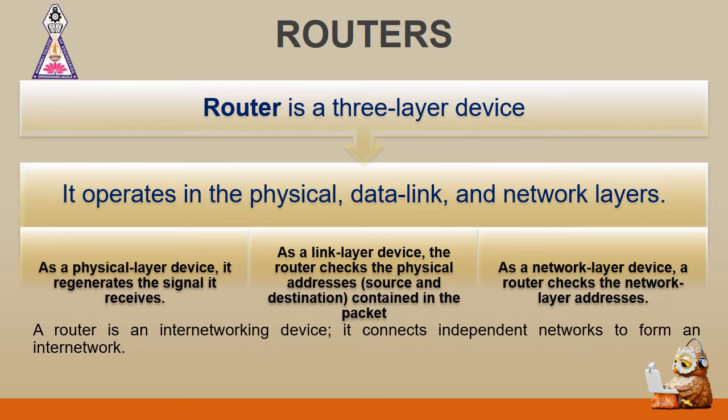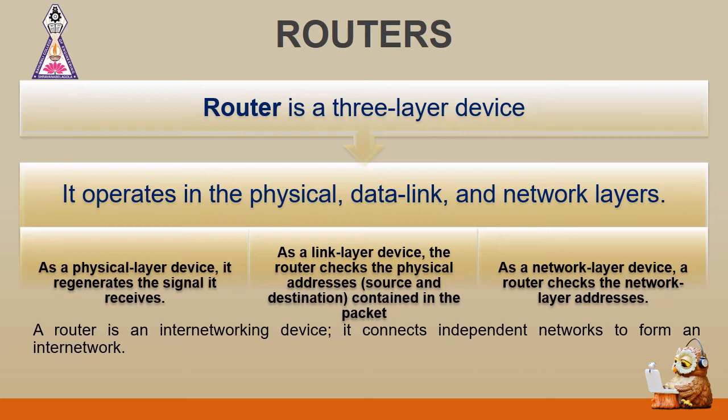So in general, our router is an internetworking device which will connect the independent networks to form an internetwork. If a user is in one geographical area and wants to communicate with some other user in a separate or different geographical area altogether, then I want a device which will facilitate that.